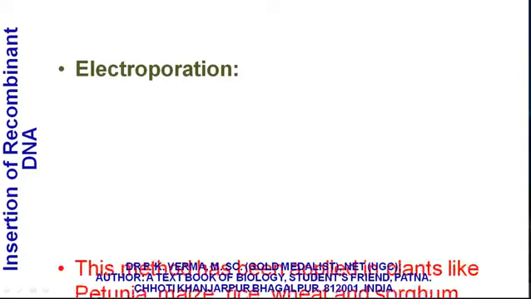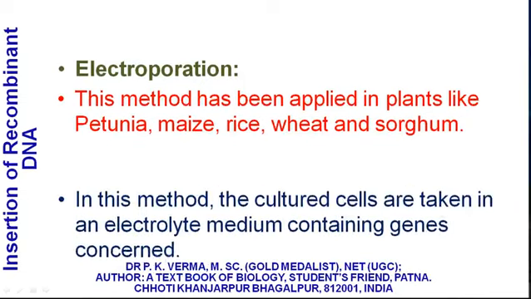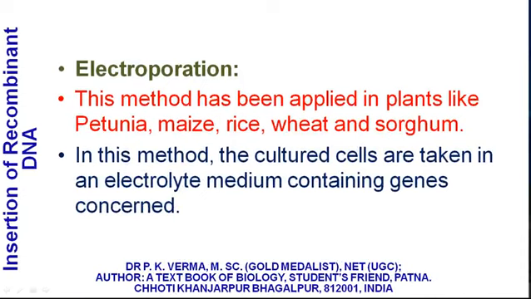The last technique is electroporation. This method has been applied in plants like petunia, maize, rice, wheat and sorghum. In this method, the culture cells are taken in an electrolyte medium containing the genes concerned.